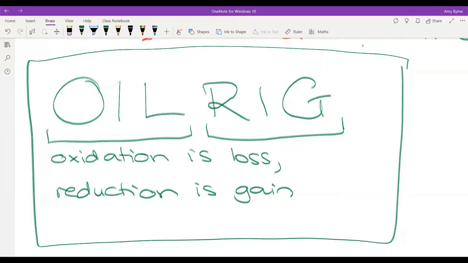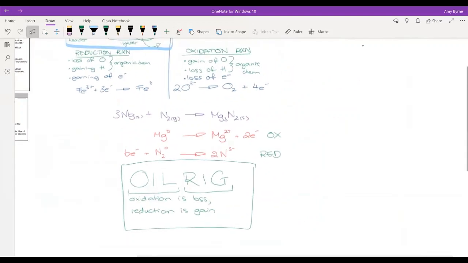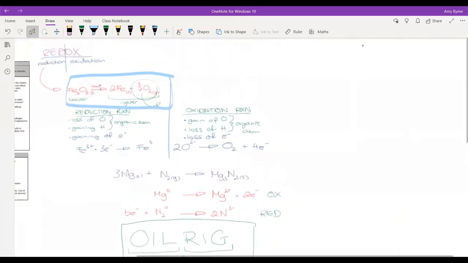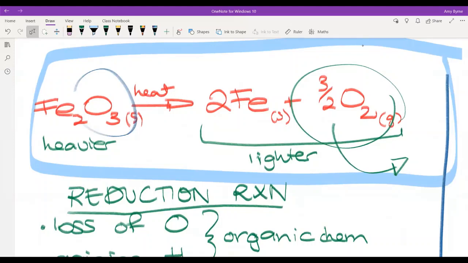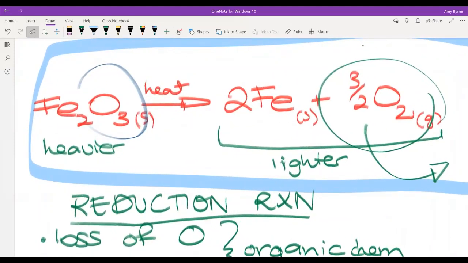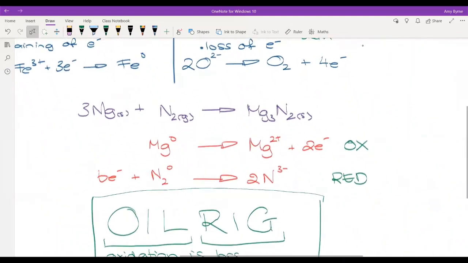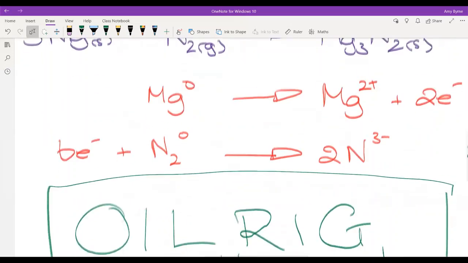So you might be able to see at this point, keeping track of what my electrons are doing is really simple when I'm looking at stuff that is going to and from ions. So whether it's iron oxide becoming iron and oxygen, or whether it's magnesium and nitrogen becoming magnesium nitride, when I've got things that are clearly plus or minus charged.